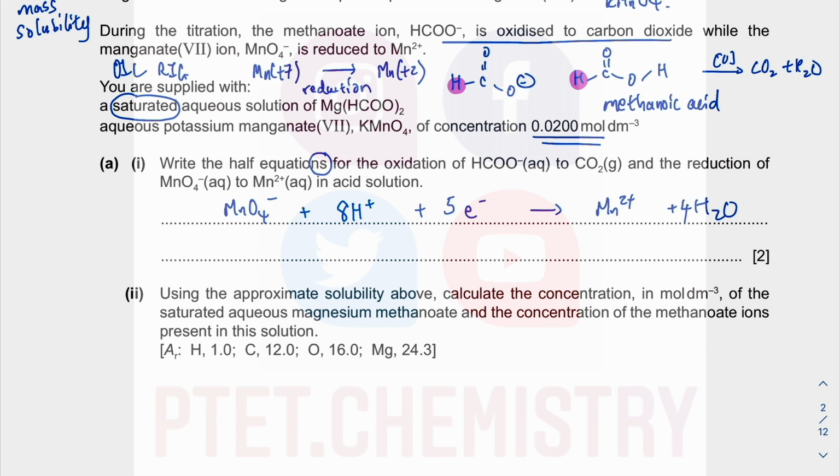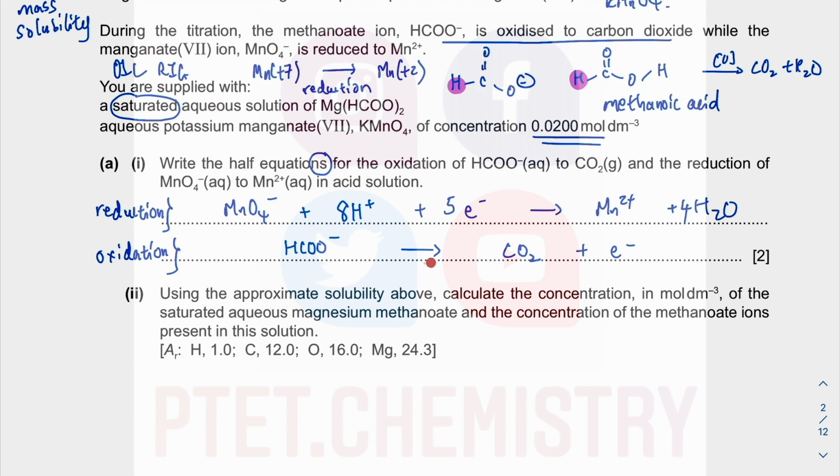And then you will also have HCOO- going to CO2. Bear in mind that this gives you the CO2, but there's no hydrogen. Before we think about hydrogen, we also need to think about electrons, because the reduction means the oxidizing agent must oxidize the metanoate.